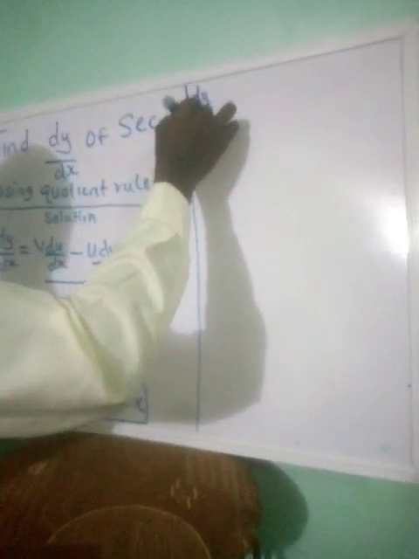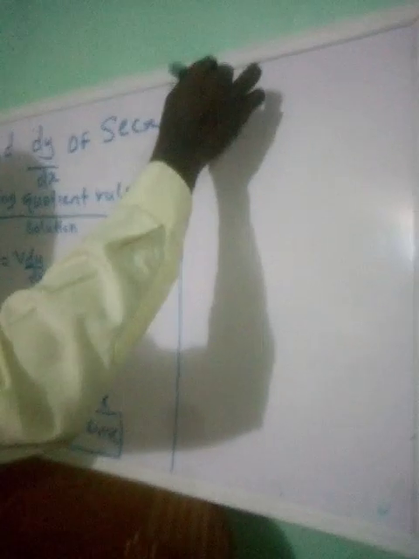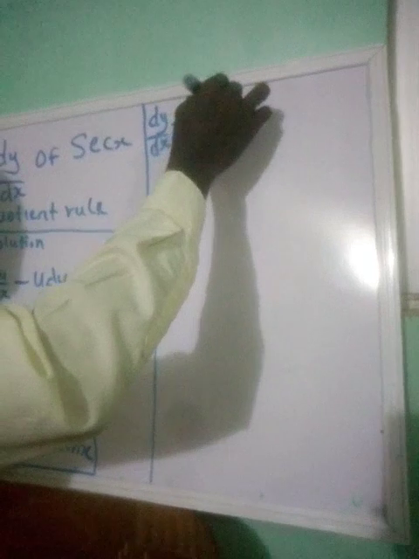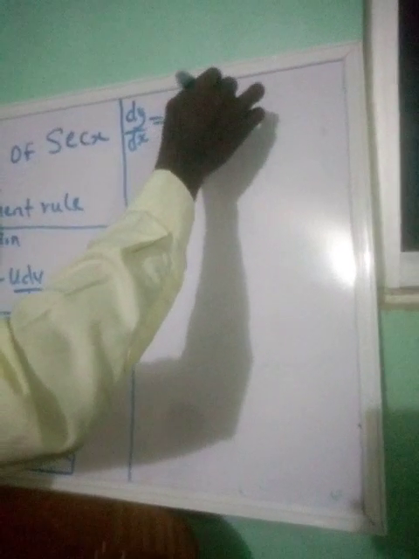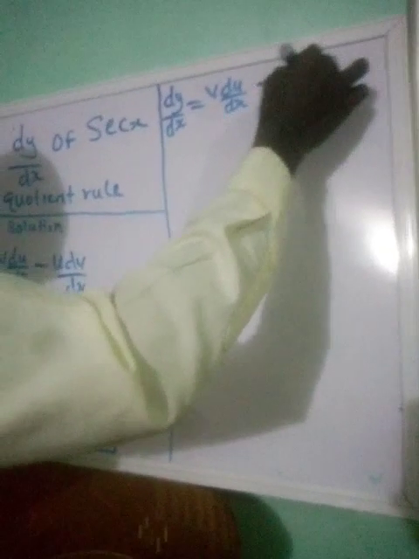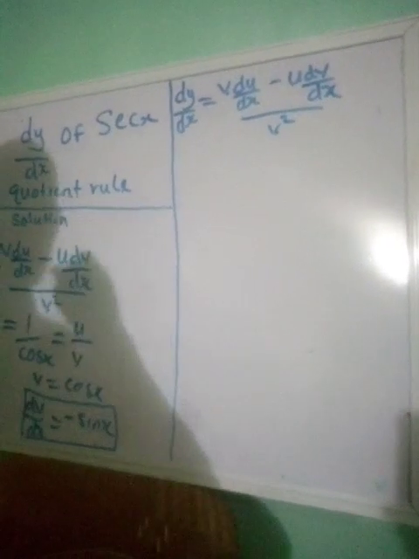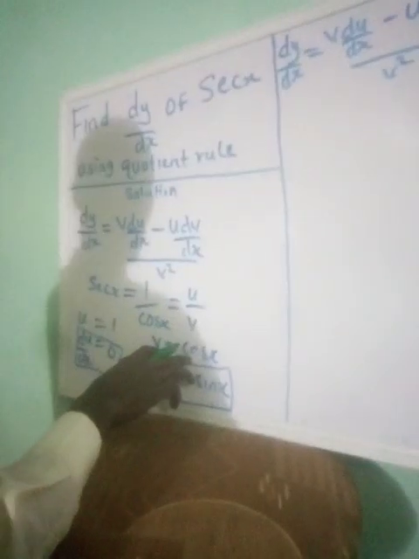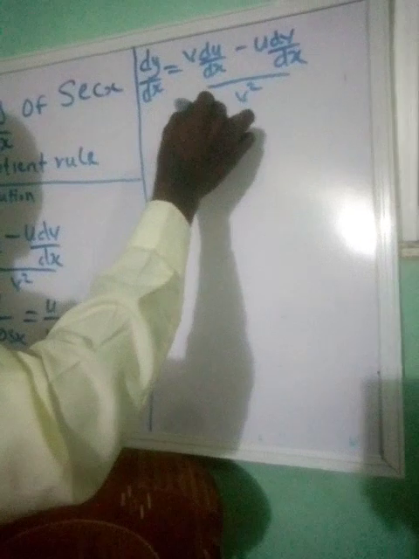So all we need to do now is put it into the formula, which is v du over dx minus u dv over dx, all over v squared. Now what is our v? Our v is cos x, so we are going to write cos x here.